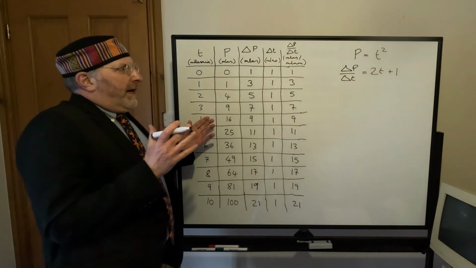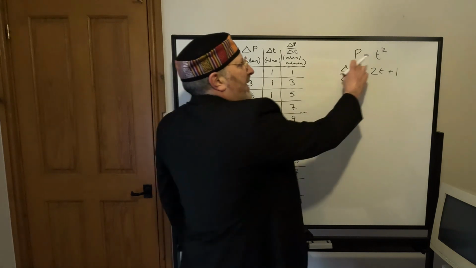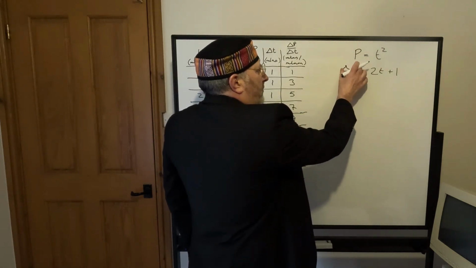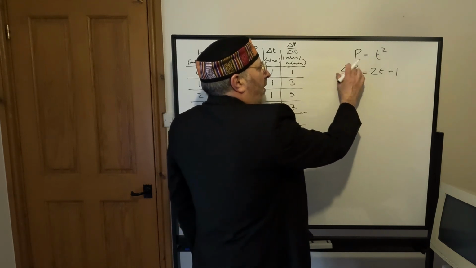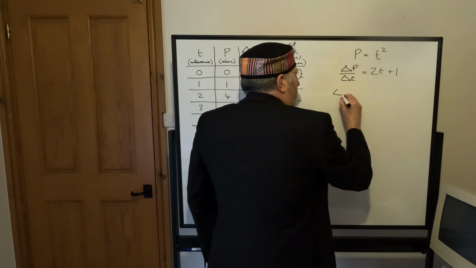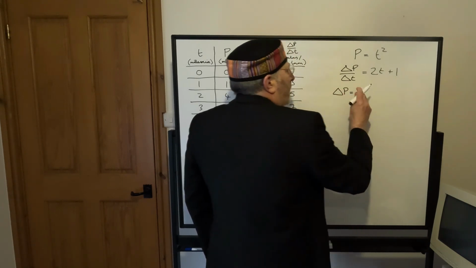And we could have predicted that, because we know that p equals t squared, and we know that this delta p is the difference between one time step and the next. So we could actually calculate what delta p would be.